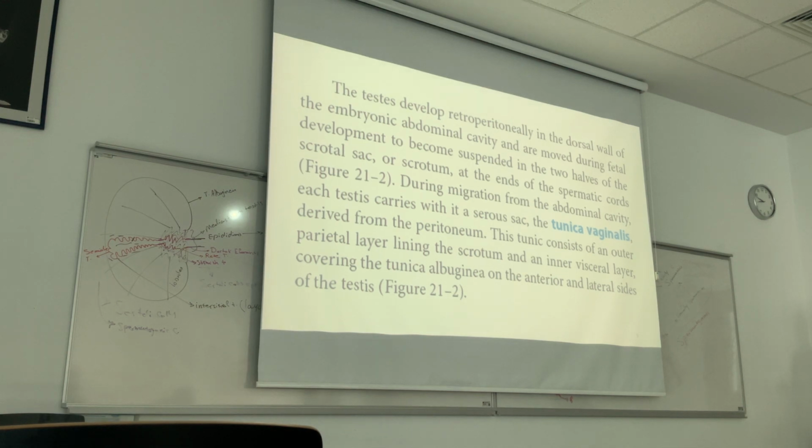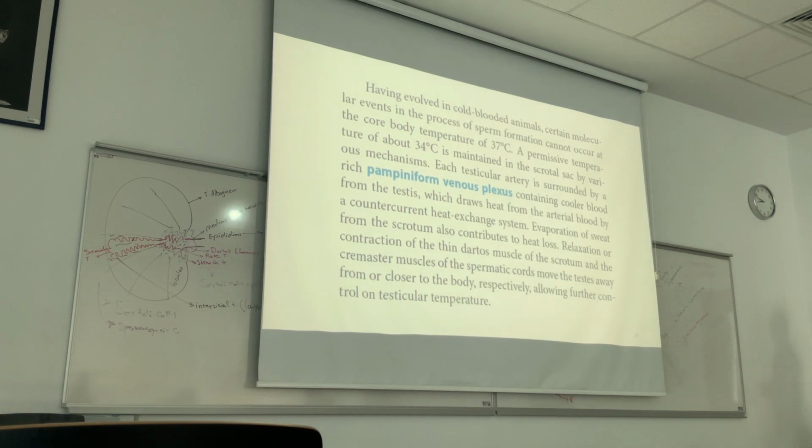You know the tunica vaginalis from anatomy. It has the parietal and visceral layer and a part of peritoneum which continues into the scrotum. And also we have the pampiniform venous plexus. What is the pampiniform venous plexus?